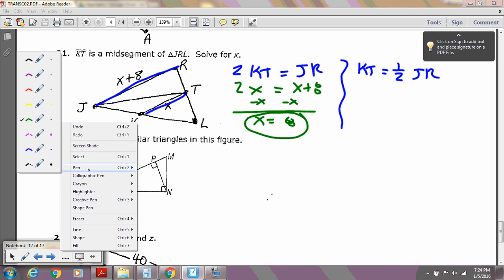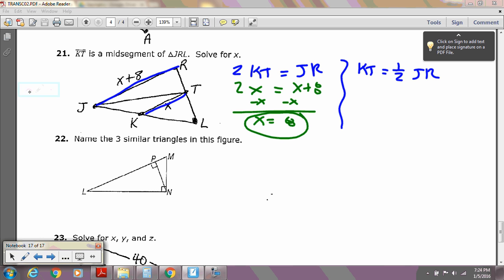Number 23 wants us to name 3 similar triangles. So I will start with the larger one if I were you, and go L, M, N. I went from the corner to the right angle to the other corner.